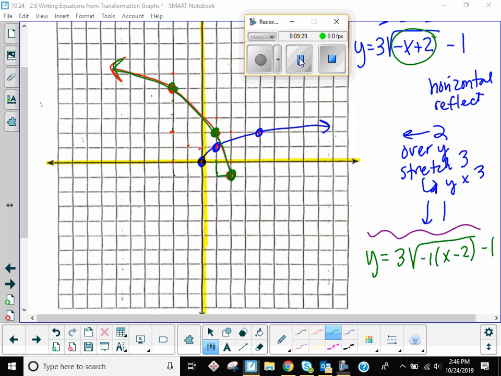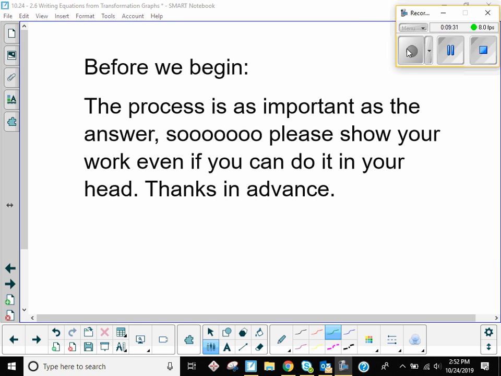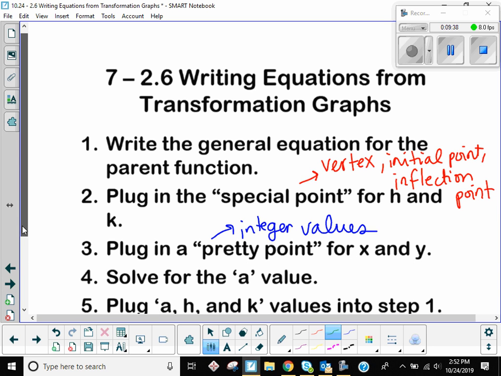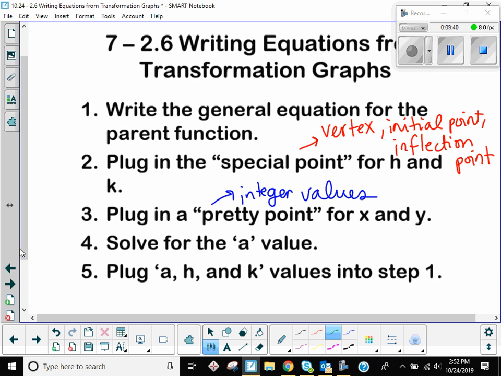So having done the warm-up, all right. Okay. So these are the steps for writing the equation from the graph. The first step says write the general equation for the parent function.